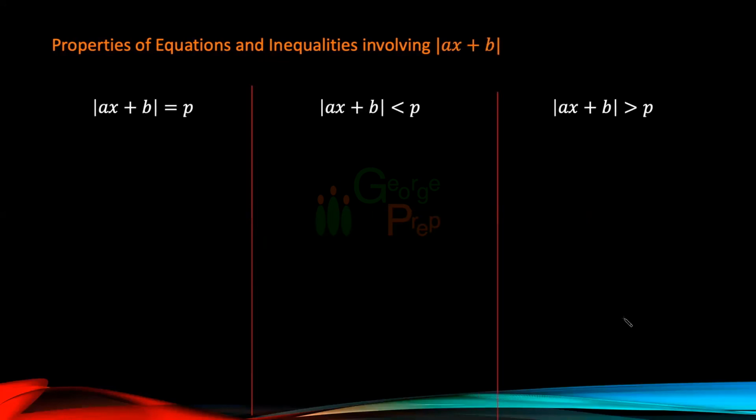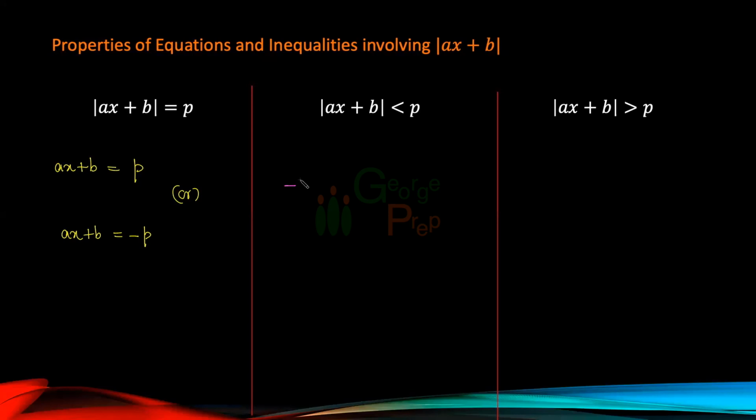Now for this case, which is also very similar to what we already discussed, it is equal to P. So I can say AX plus B is either P or AX plus B is equal to minus P. And in the next case, it is a less than inequality, so it's going to be the in-between range.